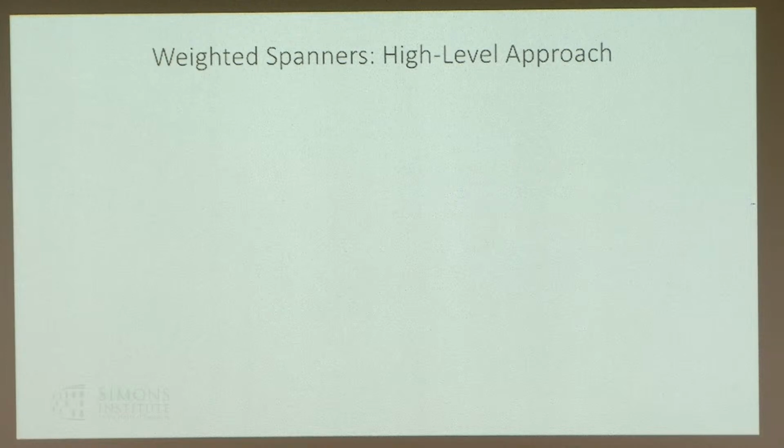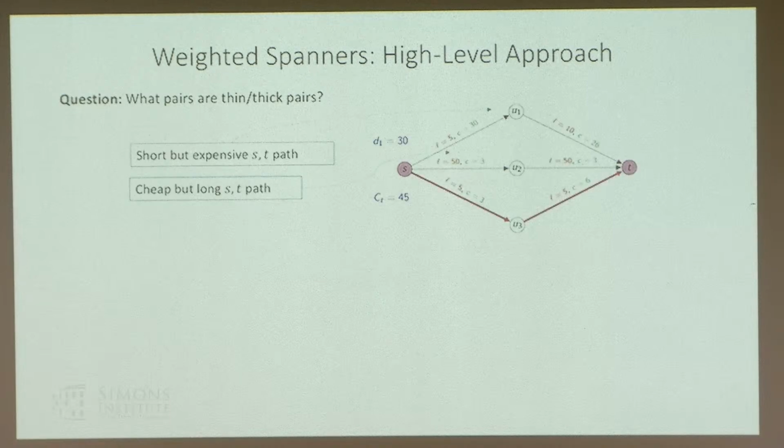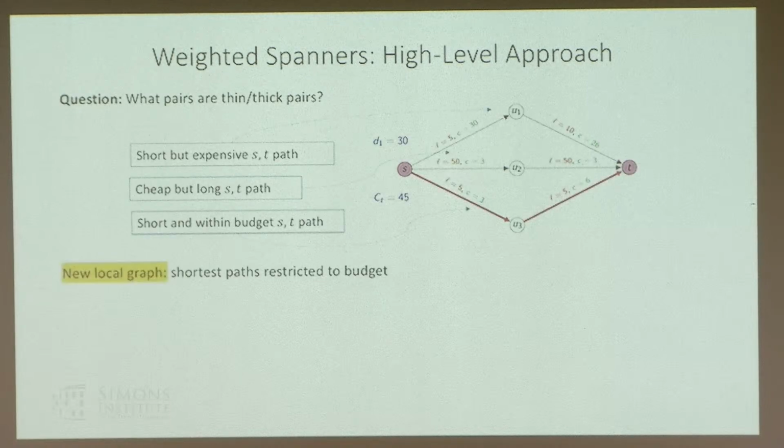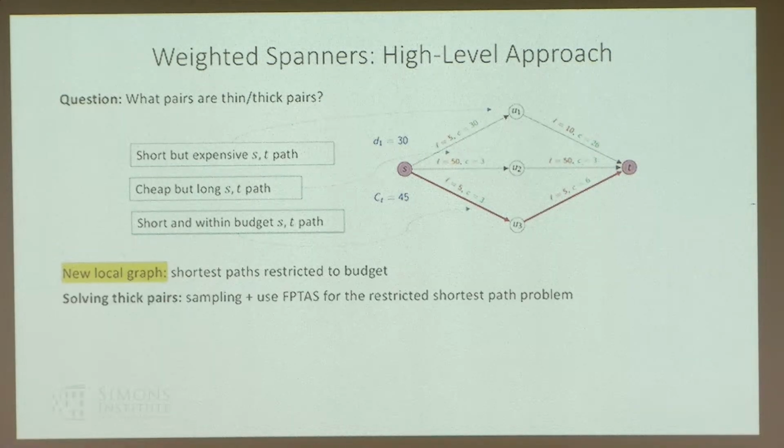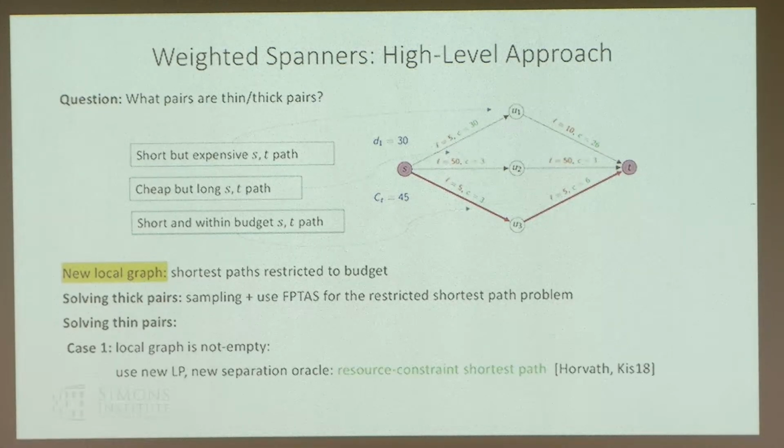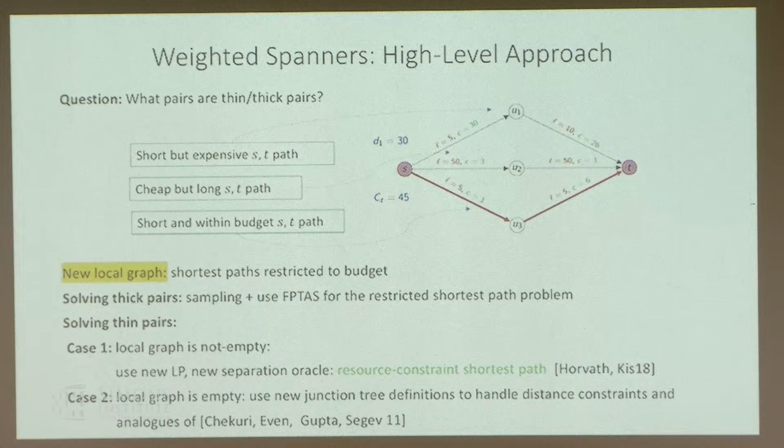So here we unify standard spanners with Steiner Forests. And as I just mentioned before, the high-level approach is the same. One is to redefine what the local graph is. So this time, it's the shortest path within some budget. And then one would need to rewrite the LP. It's a different LP. We need a new separation oracle.